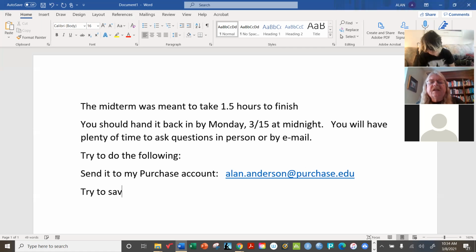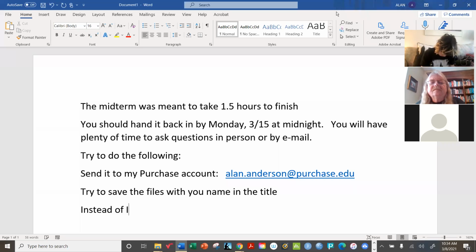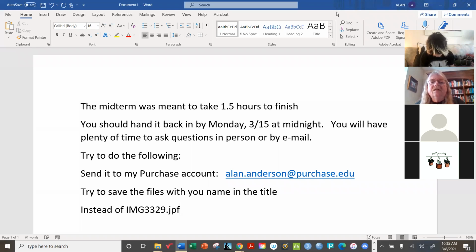Try to save the files with your name. Okay, so that's just to make sure that I know who each one belongs to. So in other words, instead of something like that, it would be infinitely more helpful if it's instead John Smith, page 1.jpg.